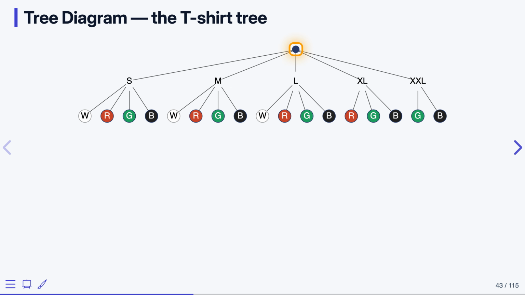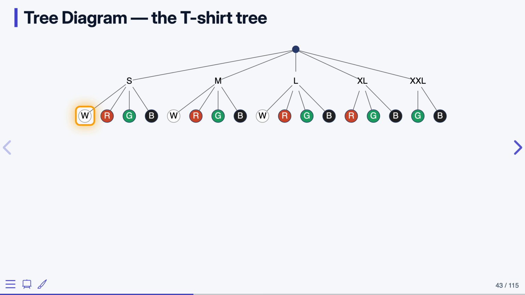This is the tree. Read it from the top. The dark dot at the top is the start before any choice is made. The first row of branches is the size. 5 branches, 1 for each size. This first one is small. This branch is extra large, and the one next to it is double extra large. Under each size come the colors it is sold in.